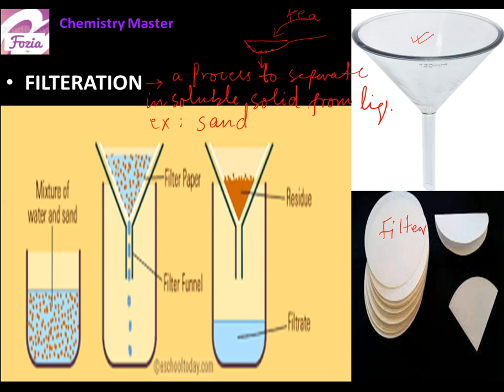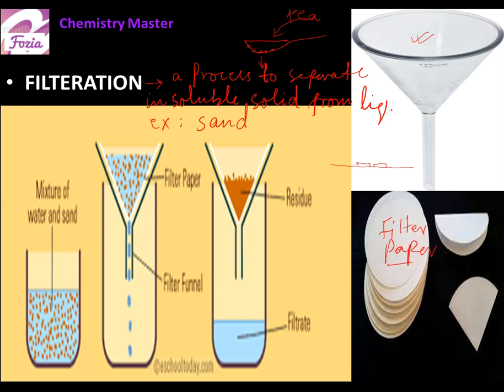This paper is specially designed, a cellulose paper, made to hold the larger solid particles, and there is very little space between the pores. Like if I draw the cross section, suppose this is a filter paper having very small holes on it.